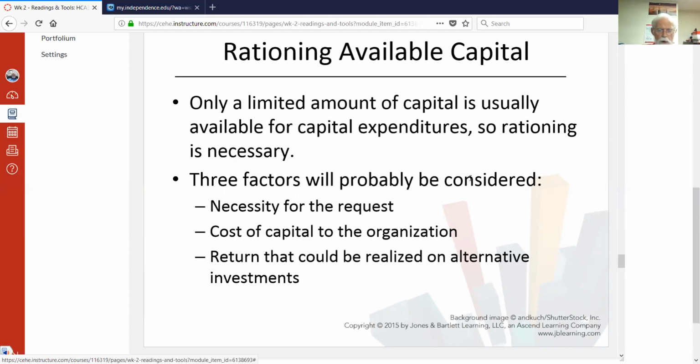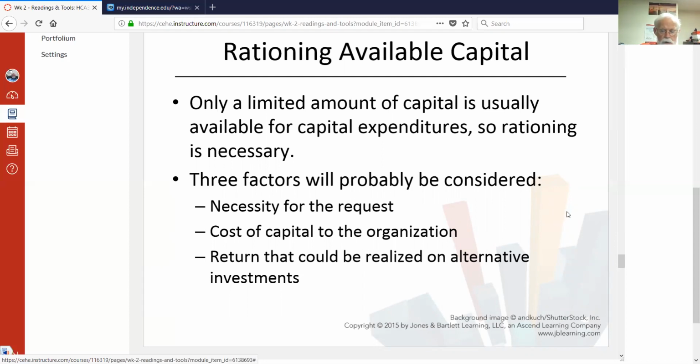So when we're rationing, we look at several things, which include our mission and our overall vision for the organization, but also the necessity and the cost of capital.